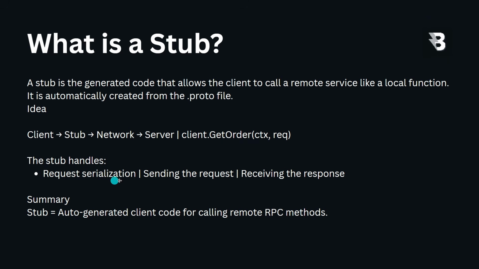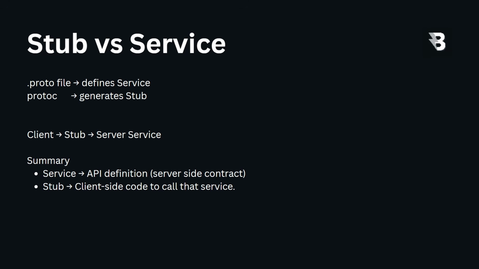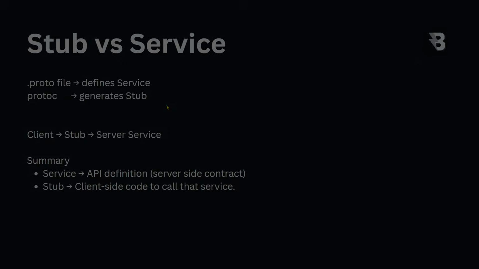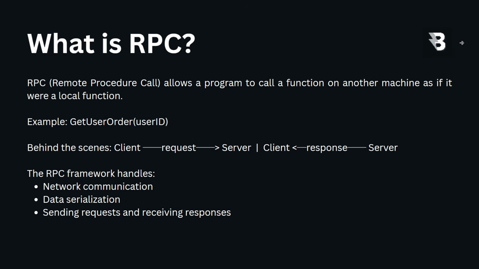The stub handles request serialization, sending the request, and receiving the response. So in summary, a stub is just auto-generated client code for calling remote RPC methods or services. And so, just to recap, the .proto file has the service defined and the protoc compiler generates the stub from the service.